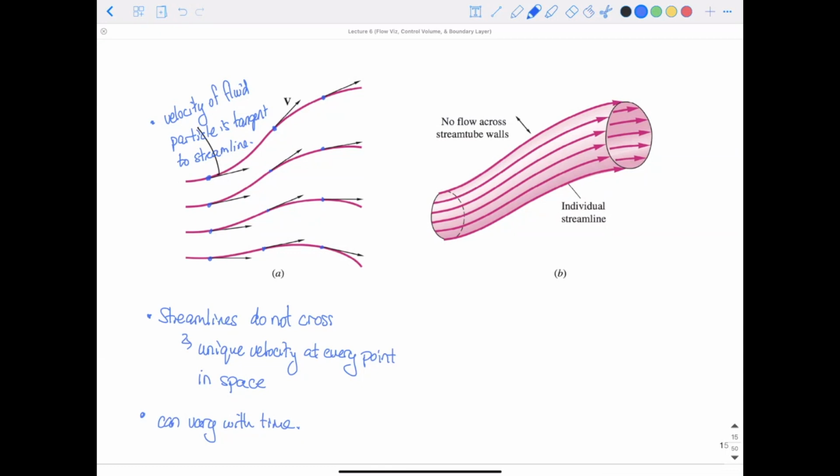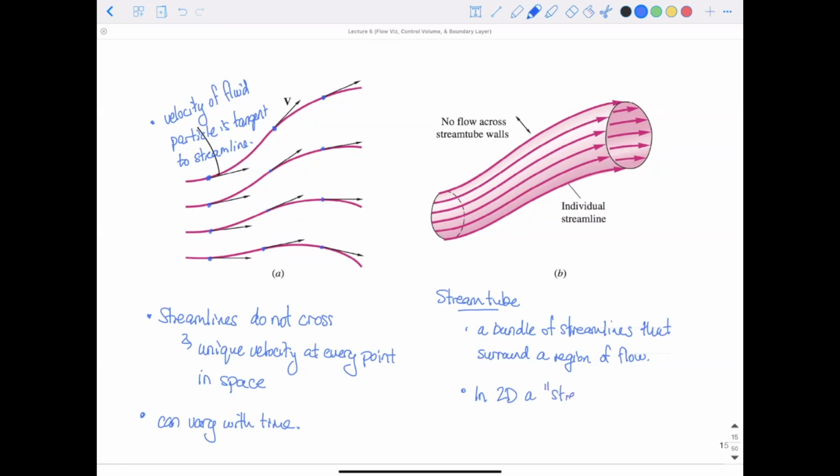It isolates the flow inside and outside of that tube because those streamlines cannot cross. In 2D, a stream tube is formed by two streamlines.